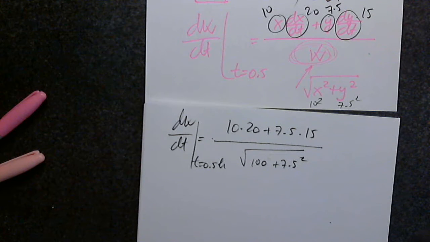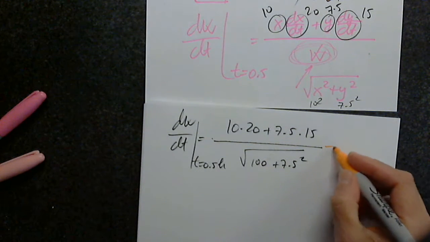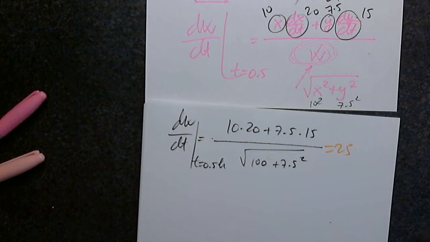If you have a sophisticated calculator, you may not need to put parentheses, but I don't trust the system here. Okay, that's it. So 25, measurement unit. If you just write 25, I will not be able to give full credit.